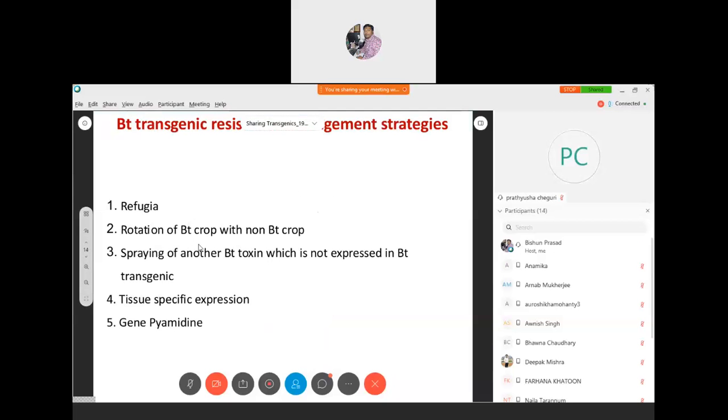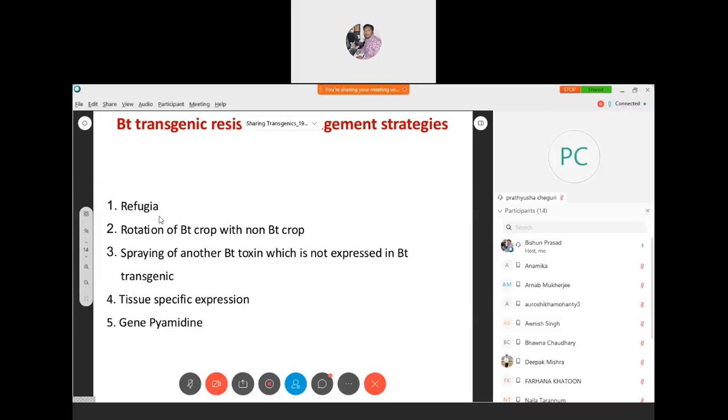Then the important point is, whenever you use any transgenic plants, it is very important to follow a management strategy. If you do not manage the transgenic plants, then your insect or pest may develop resistance. So in order to delay resistance, you have to follow certain management strategies. For growing any Bt transgenic plants, the following are the major management strategies that we have to follow.